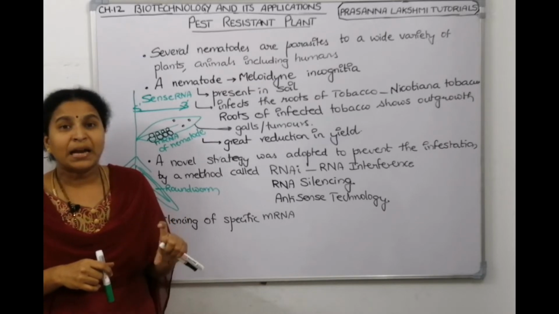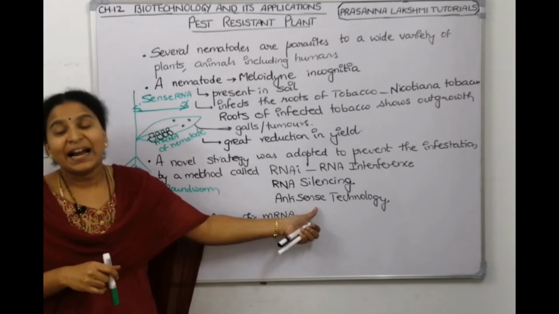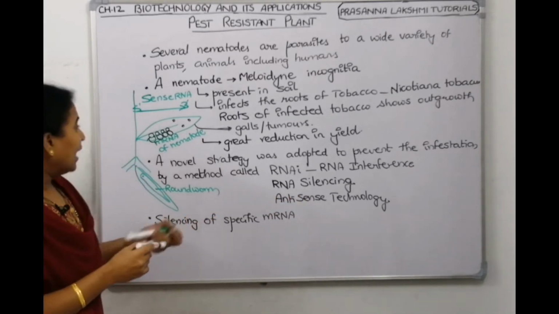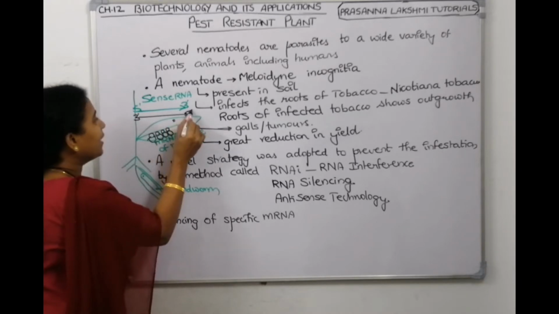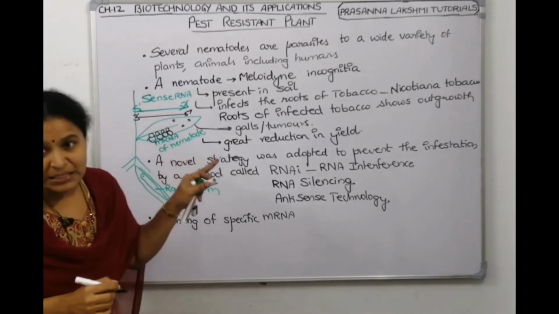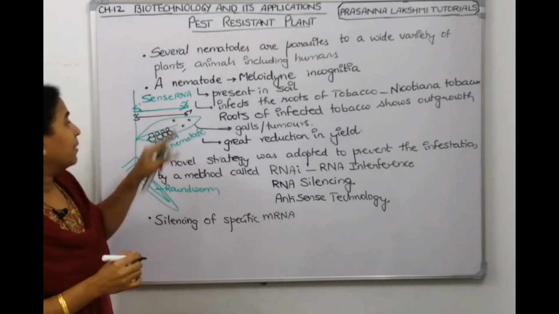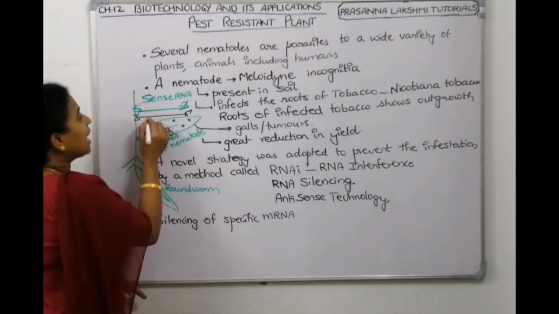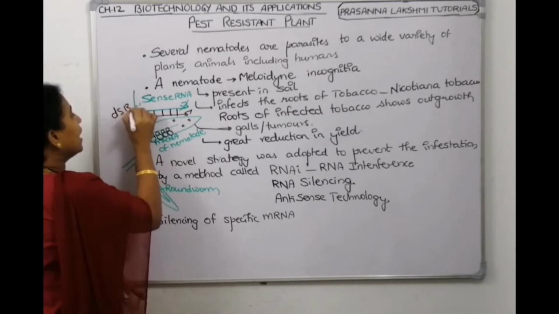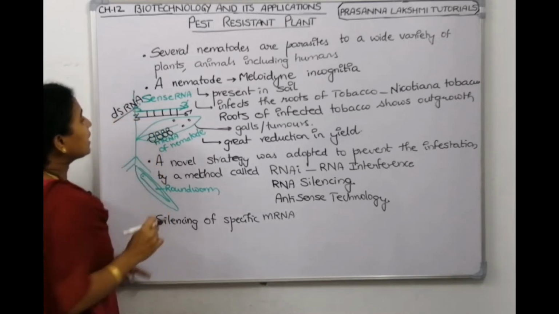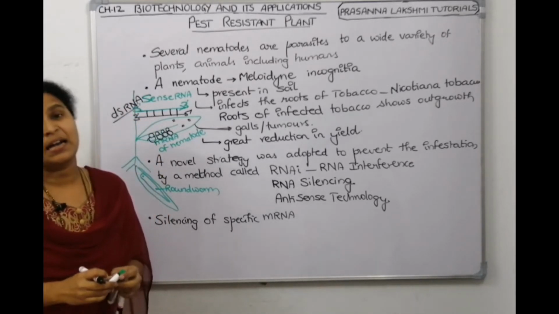Now, you will prepare an antisense RNA. That antisense RNA will go and bind 3 to 5. So you made an antisense RNA which goes and binds to the sense RNA of the nematode, and the sense RNA and the antisense RNA become double-stranded RNA.